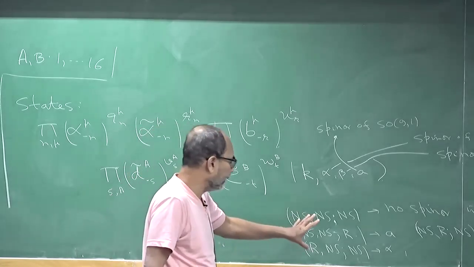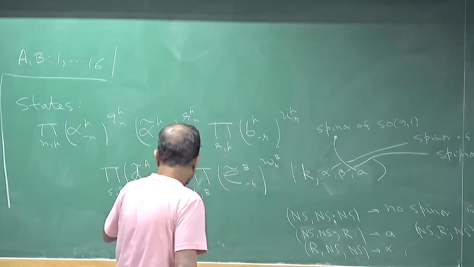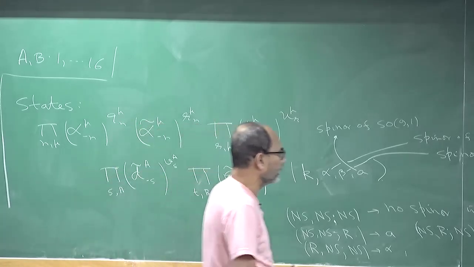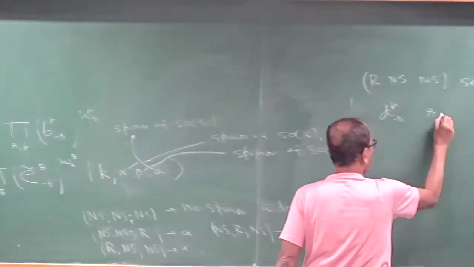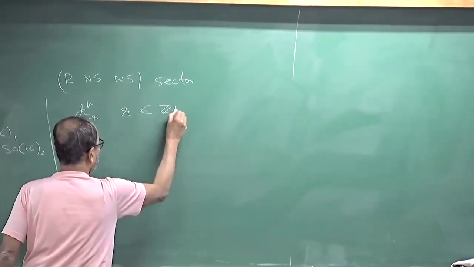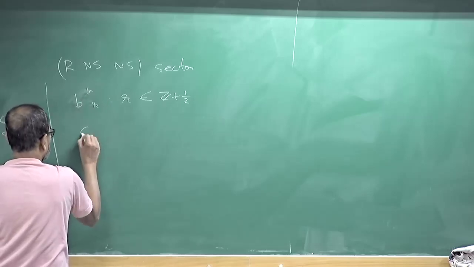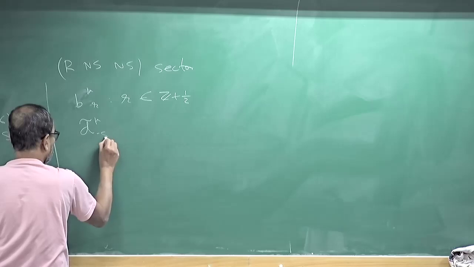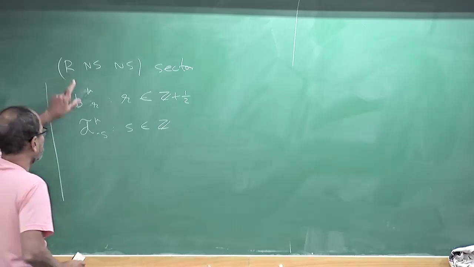Right? Because the spinor indices are coming from the zero modes in the Ramond sector, these indices are integers. Let me remind you, consider the R, NS, NS sector. Then d mu minus r, here r belongs to Z plus half. Then d tilde mu minus s, here s belongs to Z, because it's R on the left.